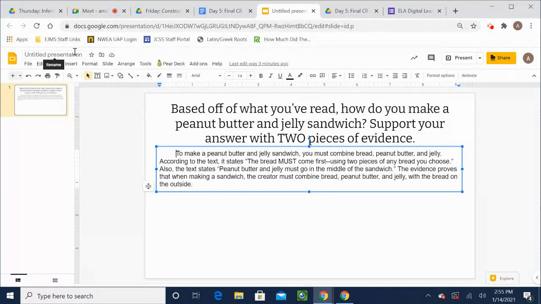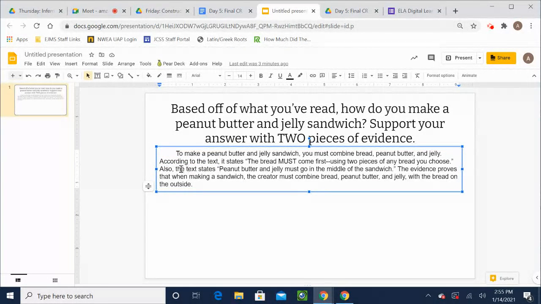So I say, according to the text, make sure you have something that says, according to the text, or the text states, or the author states, or whatever. Don't just put evidence there. So according to the text, it states, the bread must come first, using two pieces of bread, of any bread you choose. Okay, there's my first example.